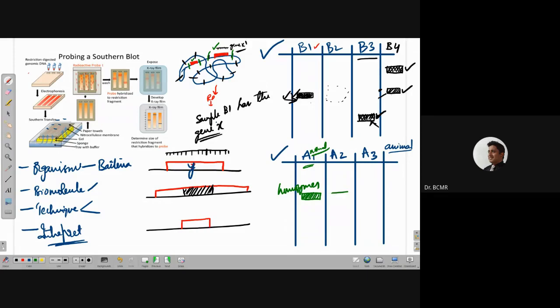And now, if I had a situation like this from sample A2, what would that mean? One is coming from the maternal allele and the other one is from the paternal allele. Both typically should show normal size if this is a normal one. What you can tell from this is that for sure A2 is heterozygous, because it has two different alleles of a gene.